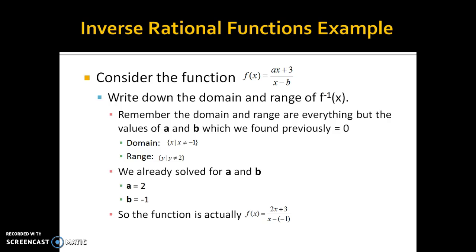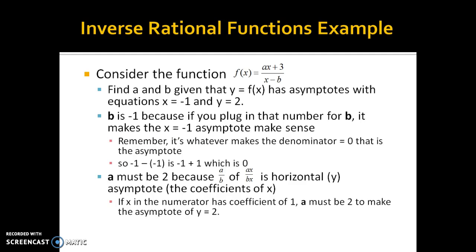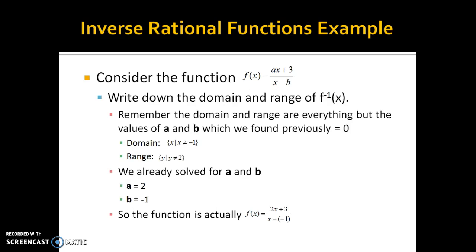If we know that a and b are the asymptotes, a is y and b is x. It's kind of flipped around because the denominator is always going to be the x, or the domain. So the asymptote of y is 2 and the asymptote of x equals -1, so the domain is everything but 2 and the range is everything but -1.